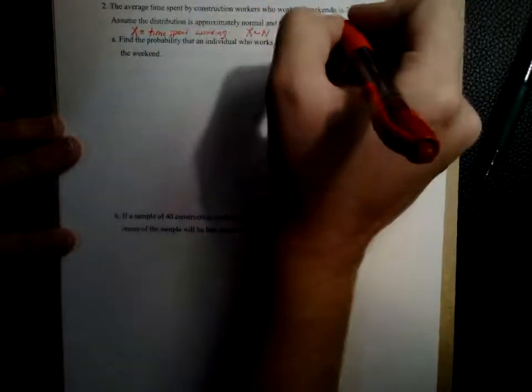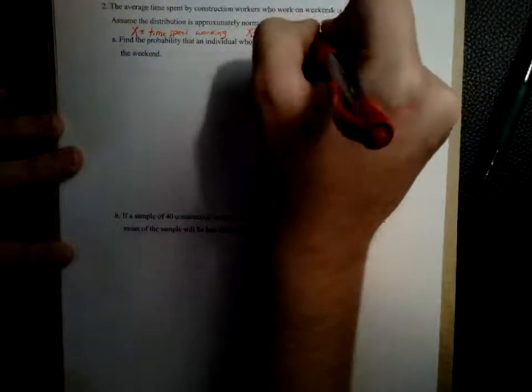And it tells us this distribution. It says it's approximately normal, so x is approximately normal with a mean of 7.93 hours. So mu is 7.93. And sigma, the standard deviation, is 0.8.